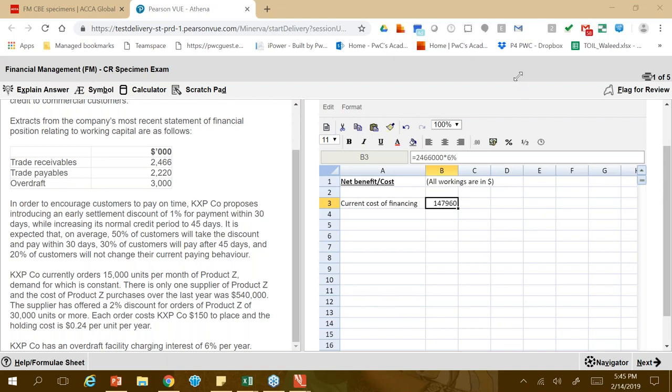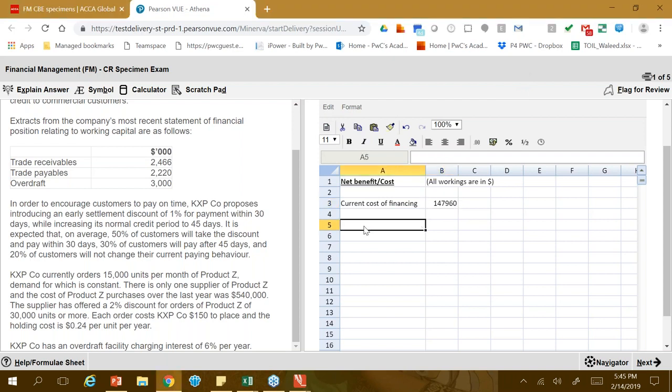Well done. Now, what I need to do is I need to find the revised cost of financing because there are some changes which are taking place.